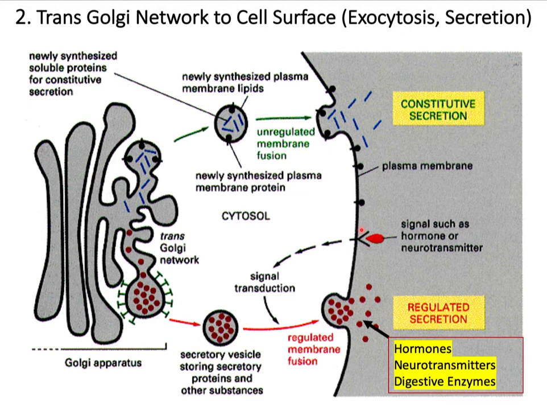So cells that make hormones, cells that make neurotransmitters, cells that synthesize digestive enzymes, all of them have this regulated secretion pathway. In these cells, you can see secretory vesicles that have budded from the trans-Golgi network sitting just below the plasma membrane, waiting for a signal to arrive, and then they will fuse with the plasma membrane to deliver their cargo into the extracellular space.